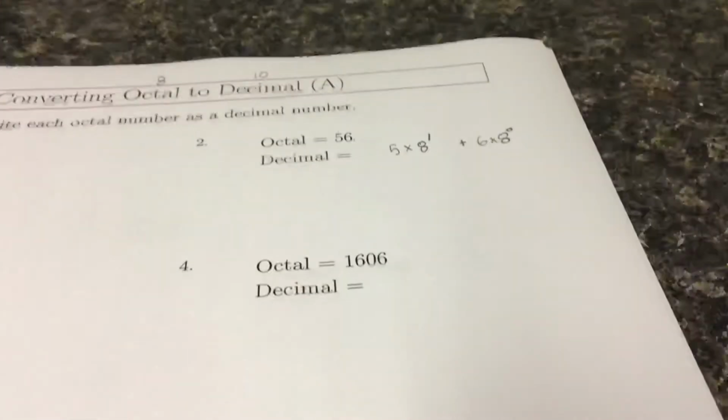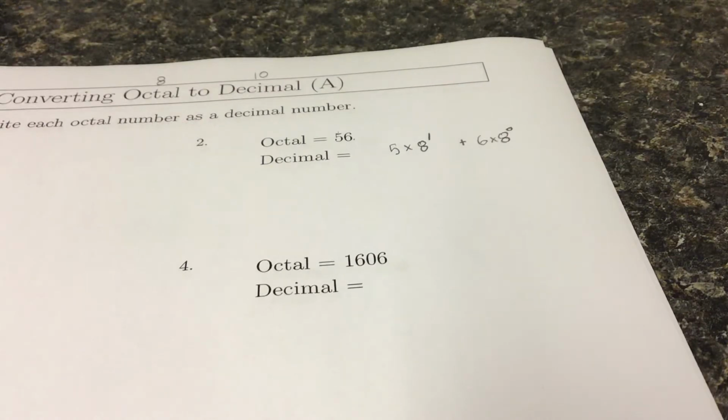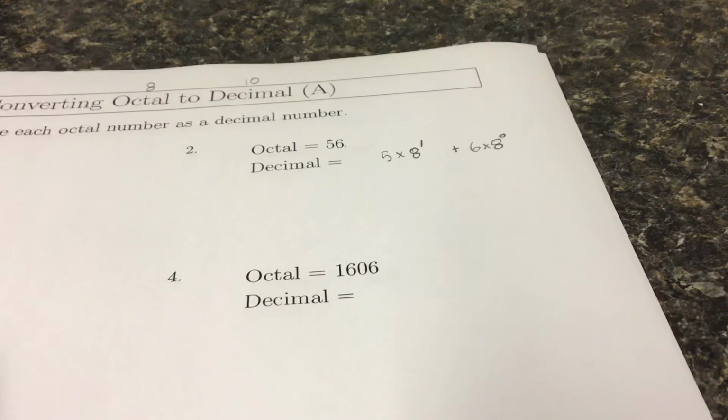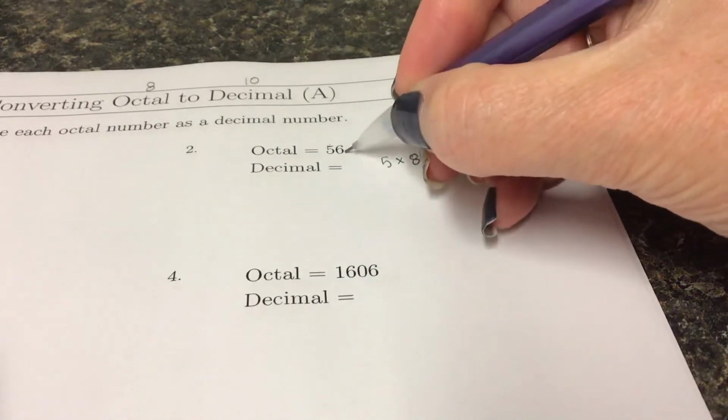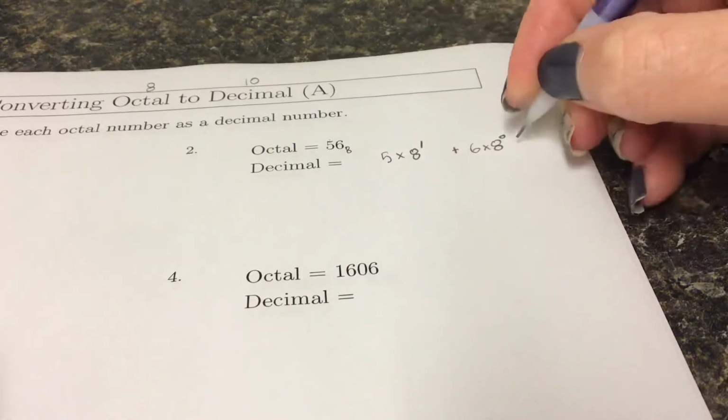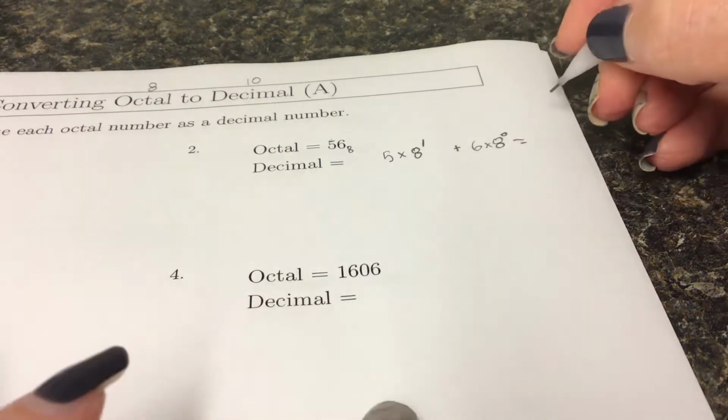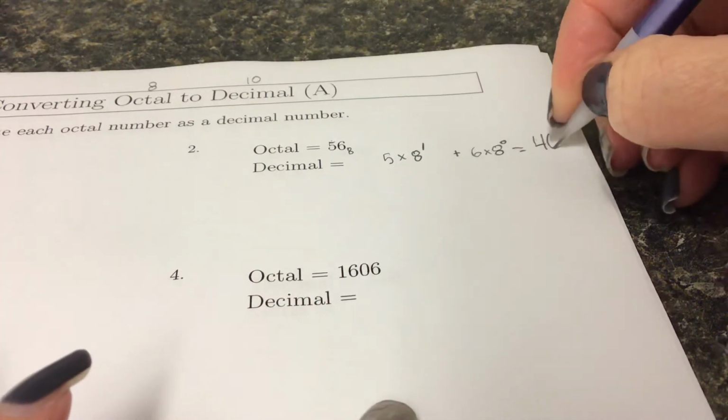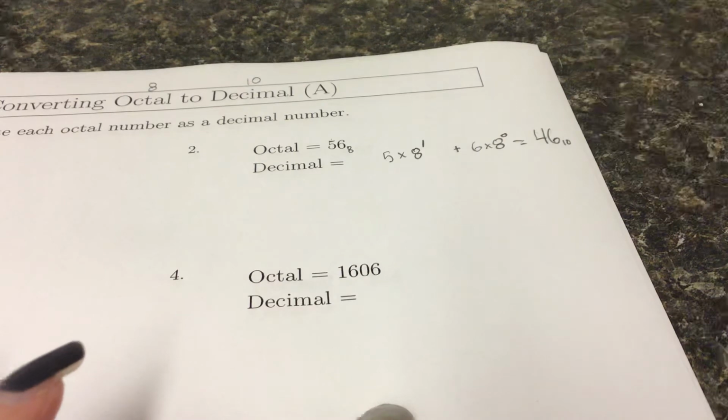And then add those two things together. So if we enter this into our calculator, 5 times 8 to the first plus 6 times 8 to the 0, 56 in the octal system would be equal to 46 in our regular base 10 numbering system.